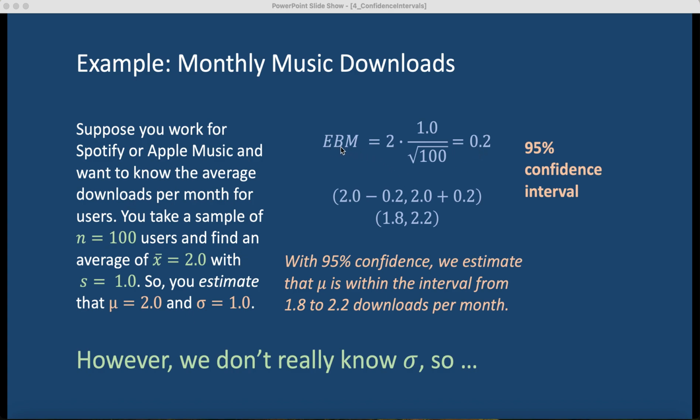So our error bound for this mean value is 0.2. If we go 0.2 below 2 and 0.2 above 2, that gives us the interval from 1.8 to 2.2. And we fully expect that 95% of samples would fall within this range. So that's our confidence interval for the mean downloads per month.